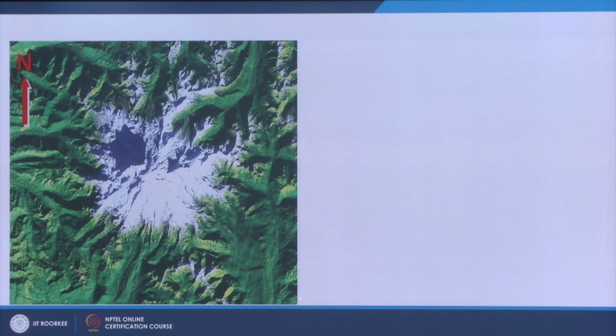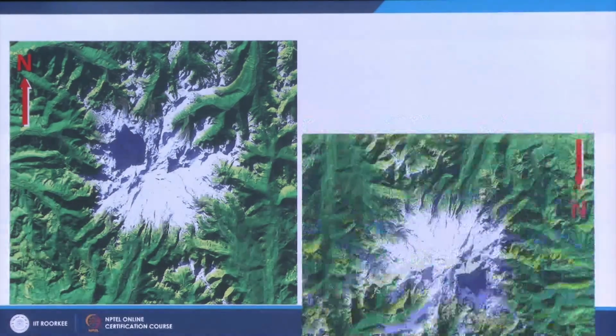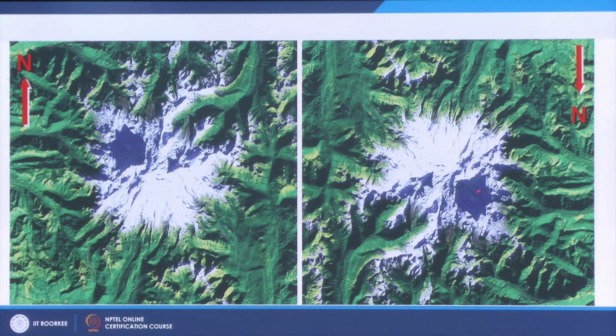What happens is that when the sun is here and the satellite has taken the image from the top, the shadow will be in the opposite direction of the interpreter, and in this situation we will see an inverted phenomenon, or a false topographic phenomenon. But if I rotate this image by 180 degrees like this, then we see correct perception.